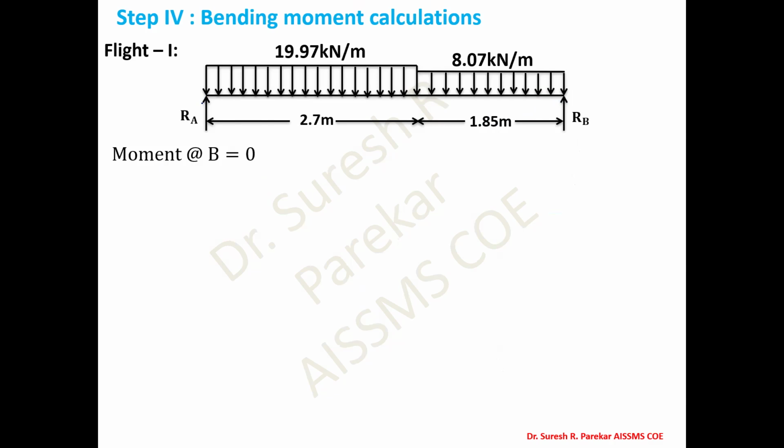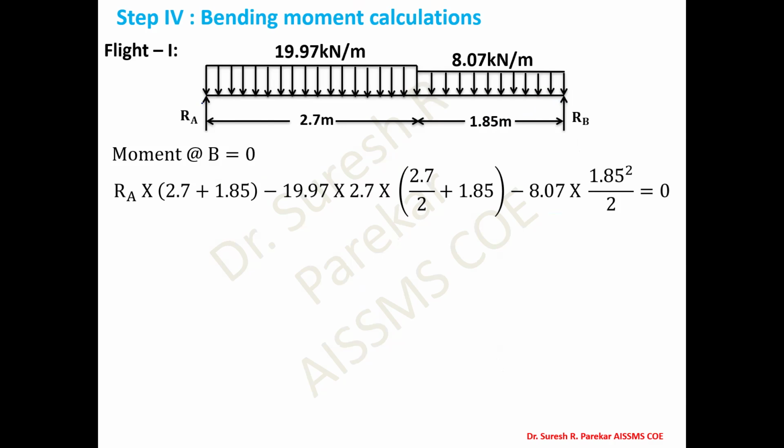So take moment about B equal to 0. So we have RA into this distance 2.7 plus 1.85, then minus 19.97 into 2.7. So this total load will act at center, which is 19.97 into 2.7, and CG will be half, 0.5 into 2.7 plus 1.85, because it will act at center of 2.7.